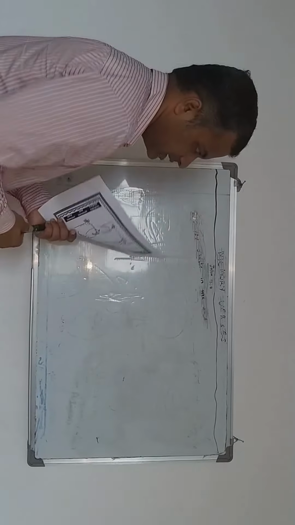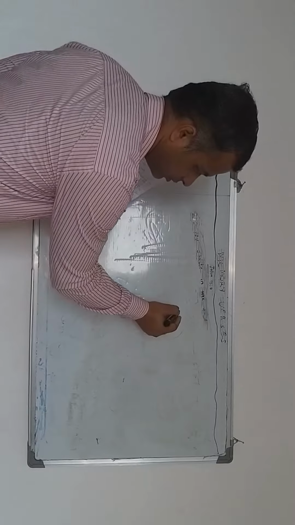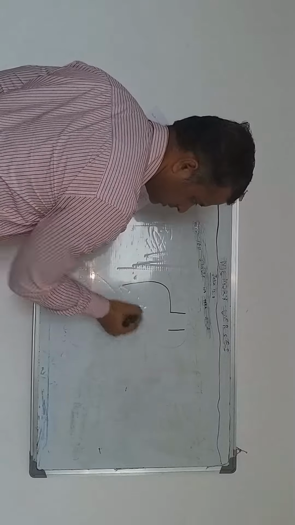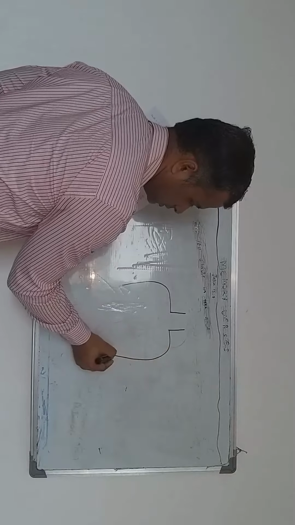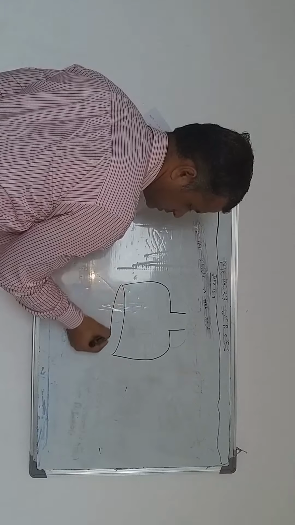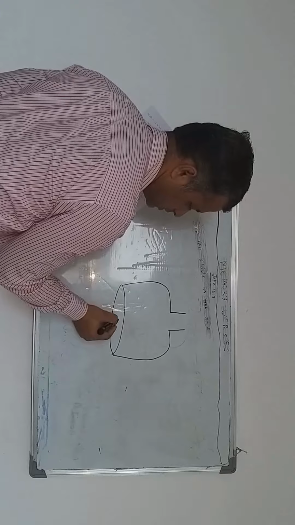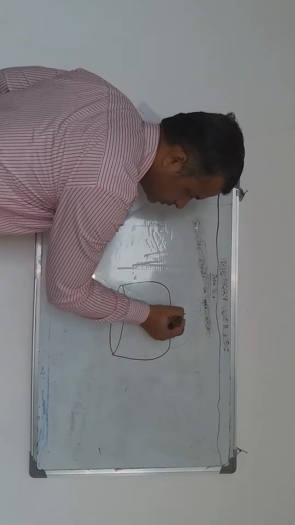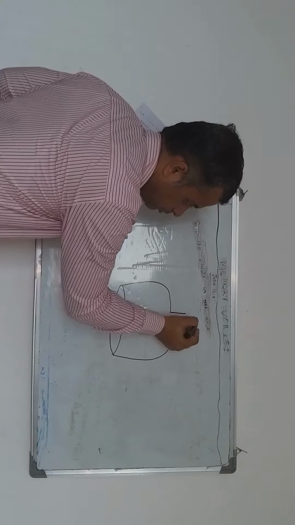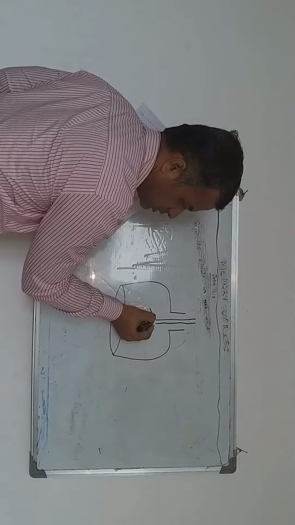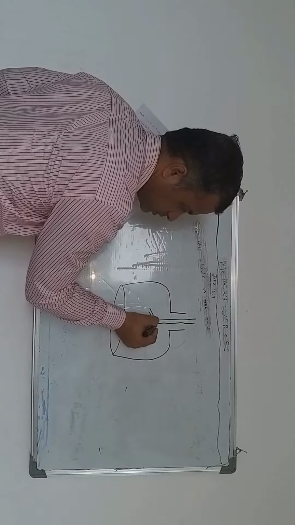One experiment that you can do at home, if you can, is this one. Take a bell jar whose base is open, and at the open base fit one membrane like a balloon surface. Then put one delivery tube which can be further branched into two tubes.